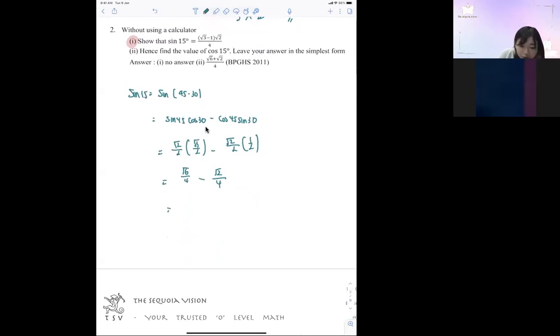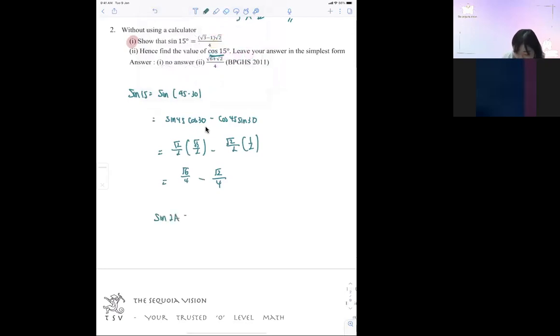Okay, then they say hence find cosine 15. So how to link sine 15 and cosine 15? Okay, remember we can use any formula, but remember what is sine 2A?